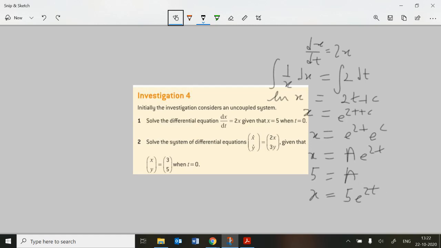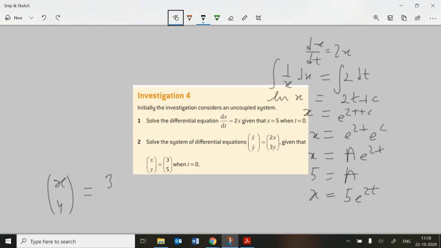Now, similarly, when it says solve differential equations here, essentially they're saying, well, what is x, y? And you might notice here that rather annoyingly, instead of x being 5, they've said x is equal to 3. But I'm going to continue with the kind of mistake which I think they've got here. So x previously would have been this, but now with this condition, if we changed x to 3 there, this would become 3 instead.